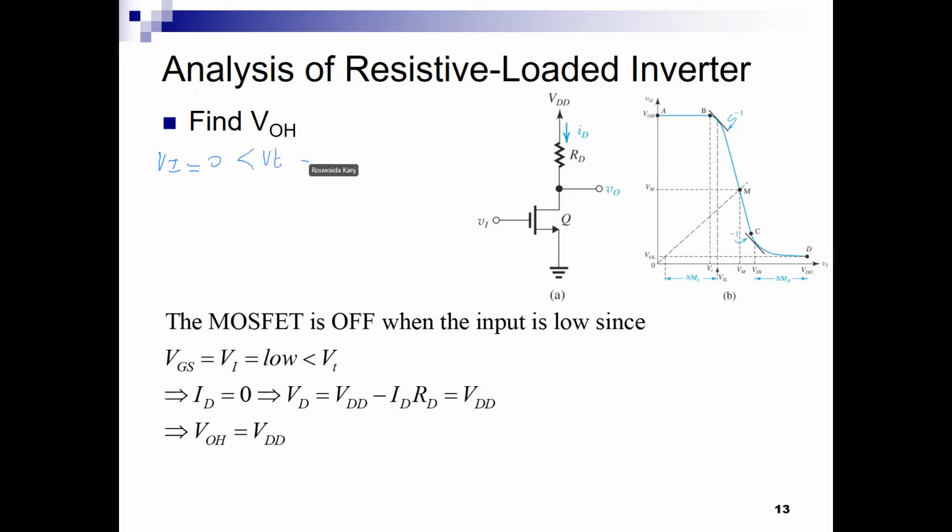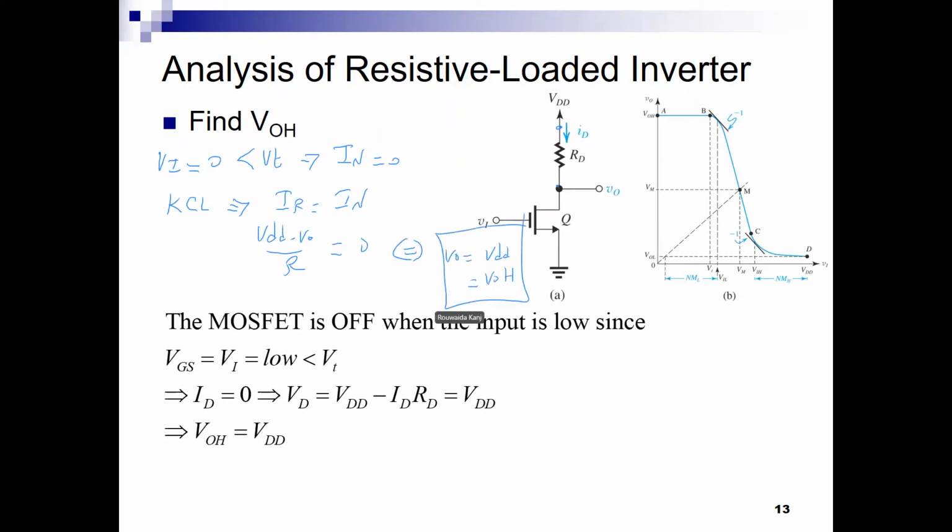This means that In equals 0. KCL tells us that IR equals IN. IR is (VDD minus VO) over R and IN is equal to 0. This gives VO equal to VDD, equal to VOH. So for this circuit, again, we find that VOH is really equal to VDD.